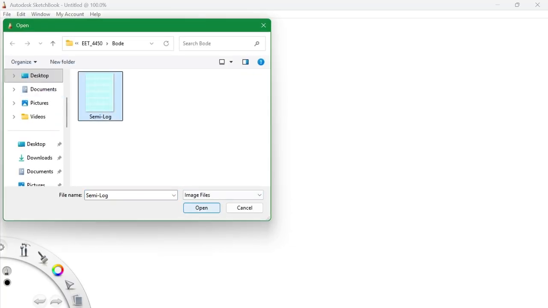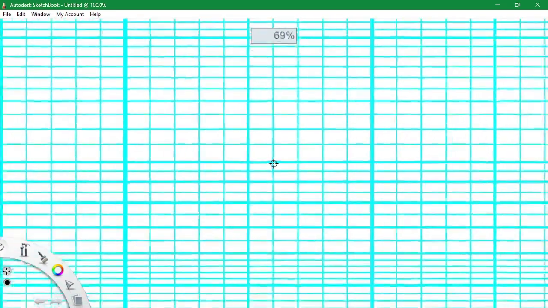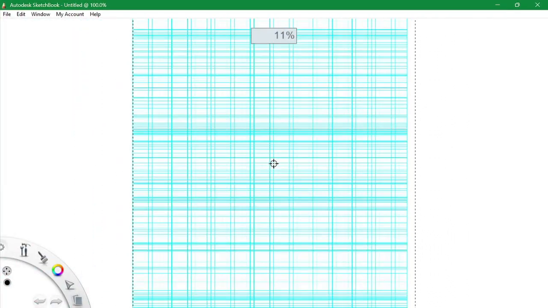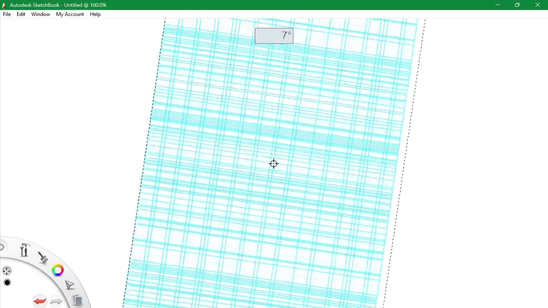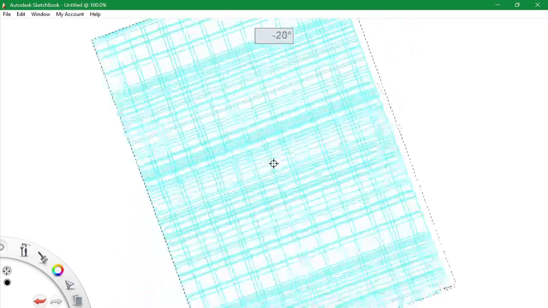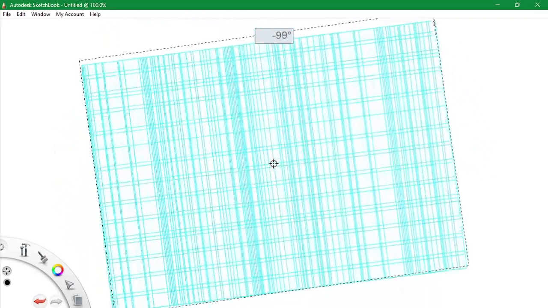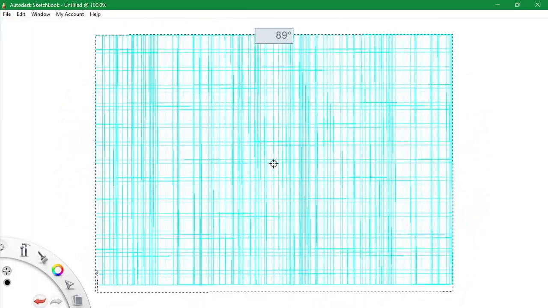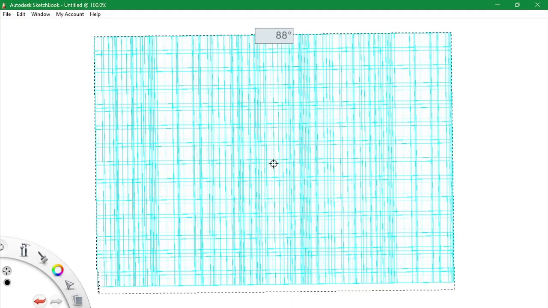New, not okay. Now add image. Open, add image. Semi-log. Okay, open. Yeah, this is it, and this is the size of it. So I bring it down to the size that I want it as, and then I flip it. I go around until I get it.